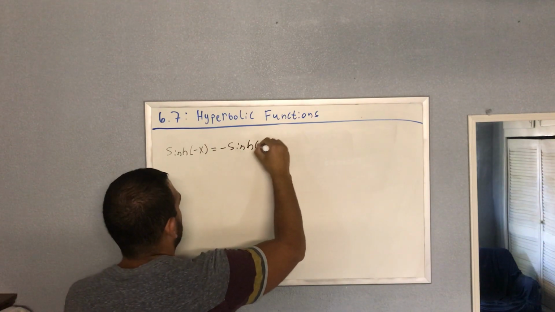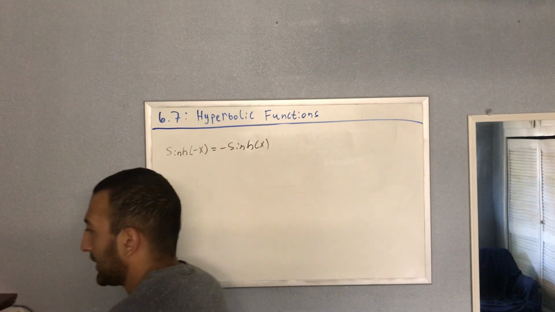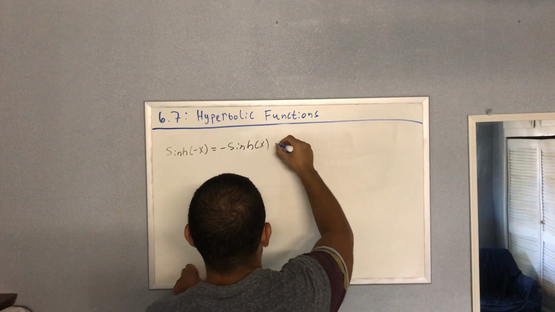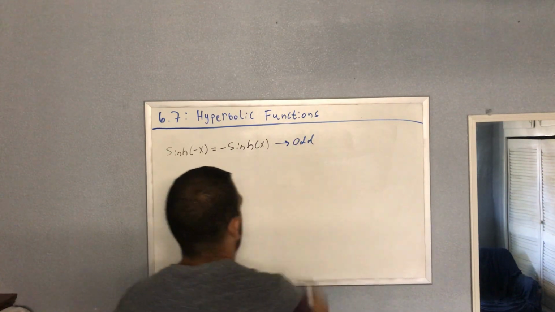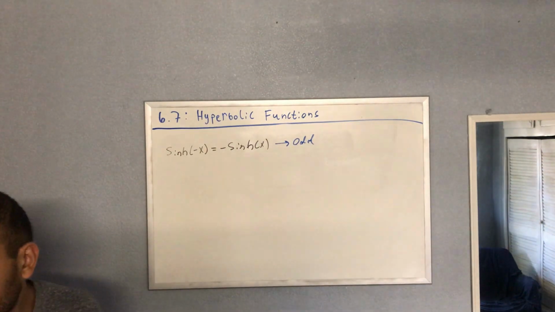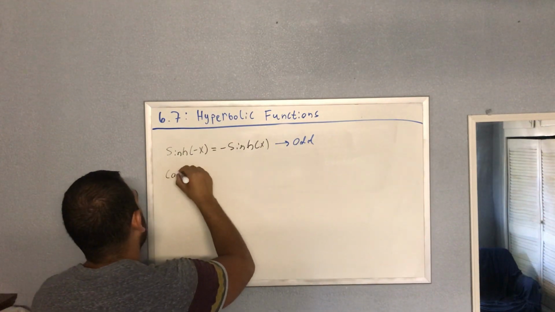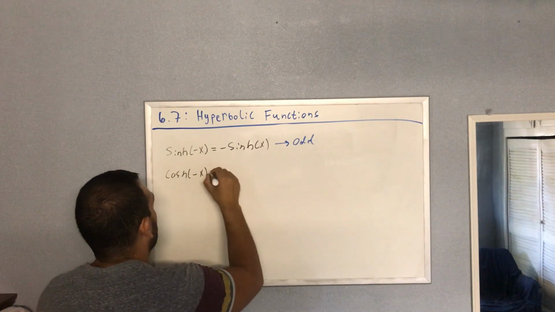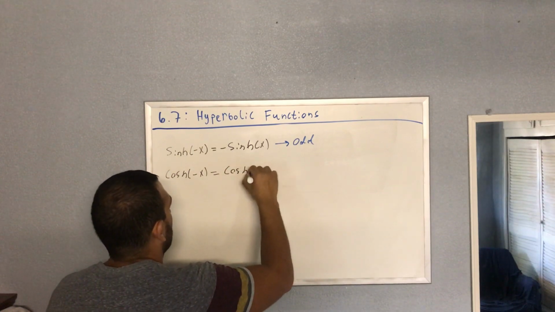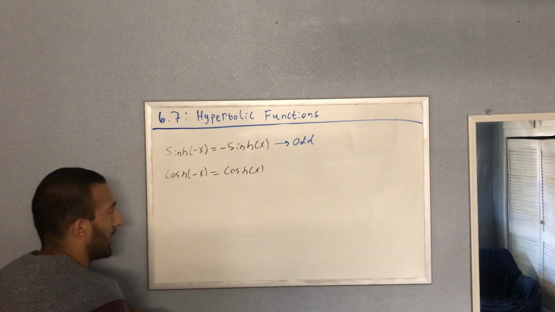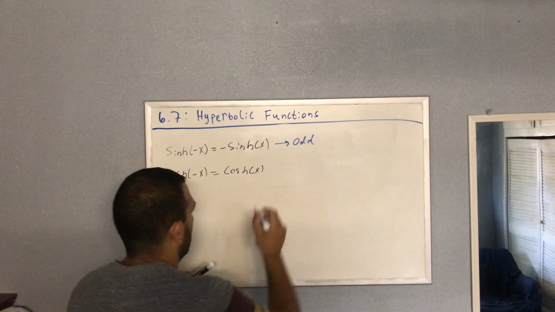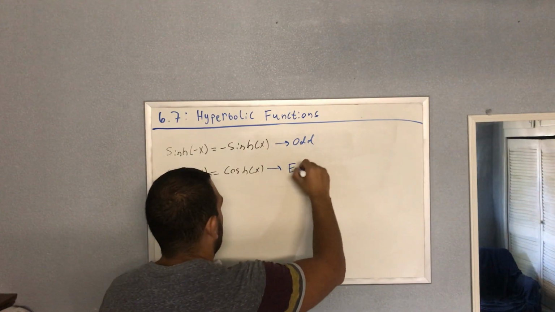So this is basically telling you hyperbolic sine is odd. That's literally what that means. And then hyperbolic cosine ends up being even, and again, you could have seen these from the graph. When we graphed this, because of the symmetric properties that they had, you could have seen this as well.